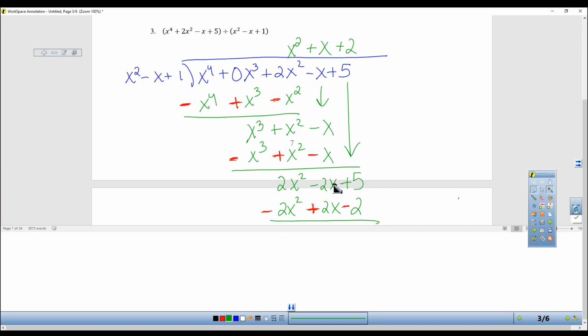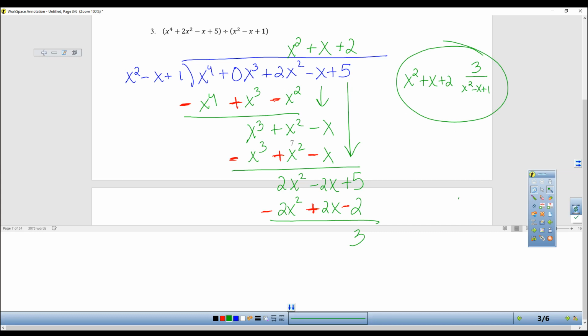This cancels, and I just get 3. So if there had been more, I probably would have had to skip a step because 2 things canceled. But my final answer is x squared plus x plus 2 plus 3 over x squared minus x plus 1. Okay?